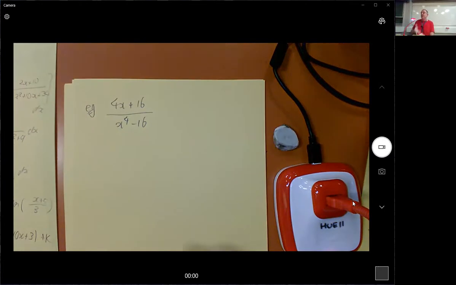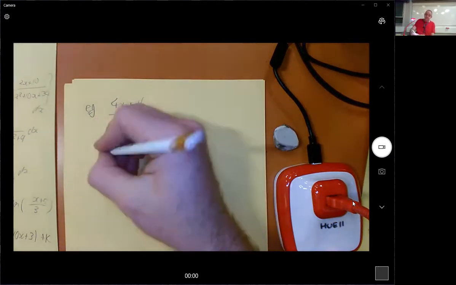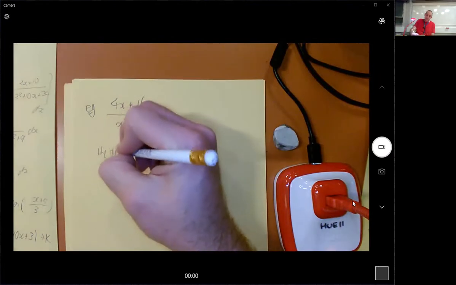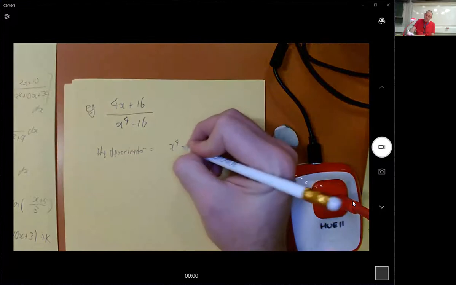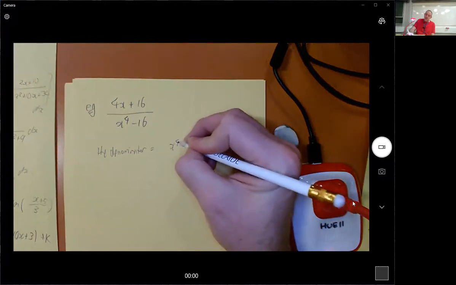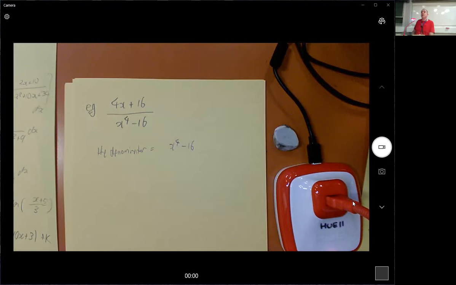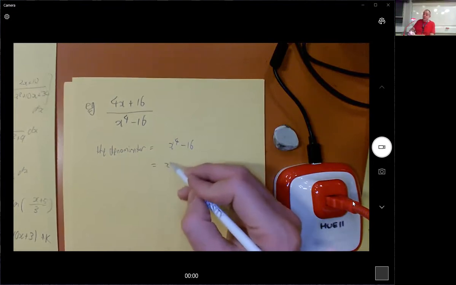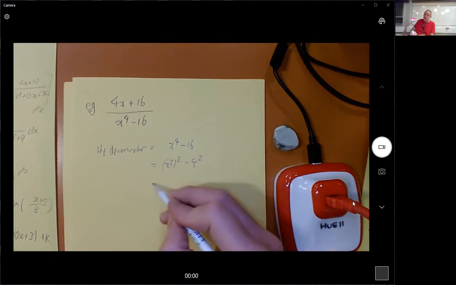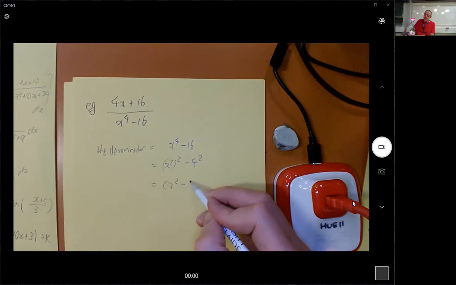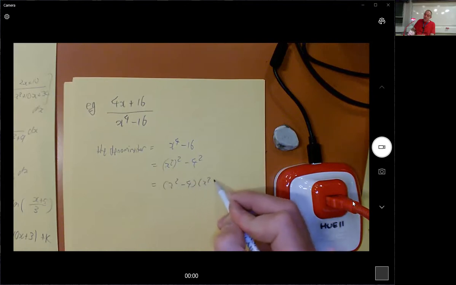And I'm going to have to factorize the denominator. Now, factorizing quartics is not always fun, but I do notice that both of these are squares. This is x squared squared minus 4 squared. And so this will be x squared minus 4 and x squared plus 4.